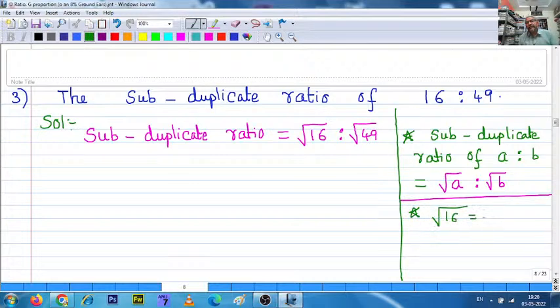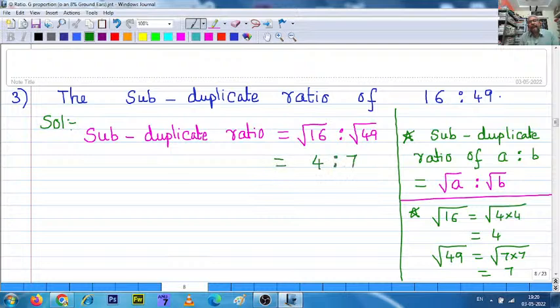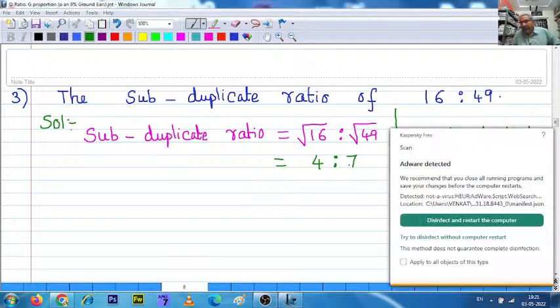Square root of 16 means square root of 4 into 4, because 16 is a perfect square, don't get any confusion here. So 4. In a similar manner, the square root of 49 is square root of 7 into 7, so we can write 7. Obviously, what is your answer? That is 4:7. I hope it's very clear to you. So now you are able to find out.